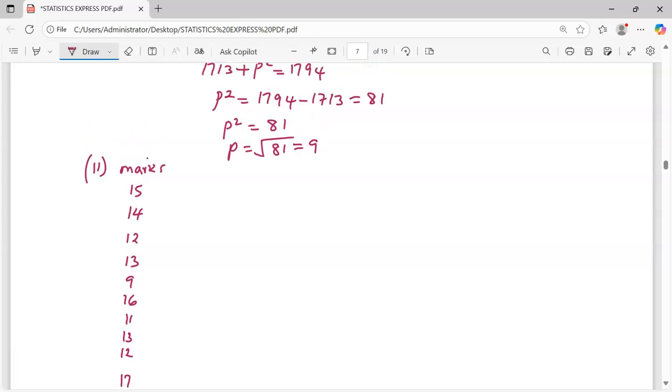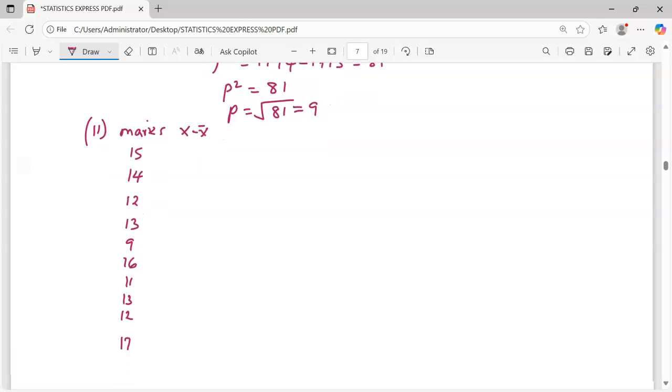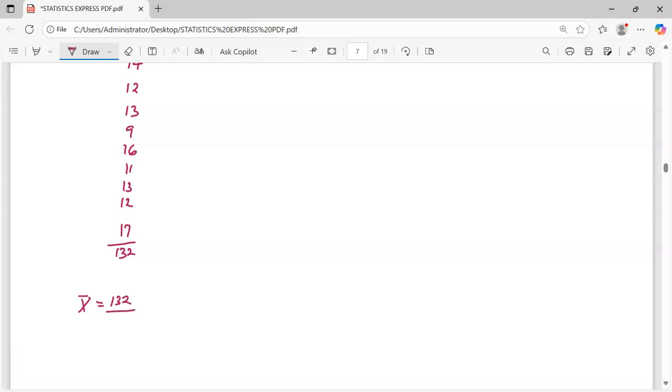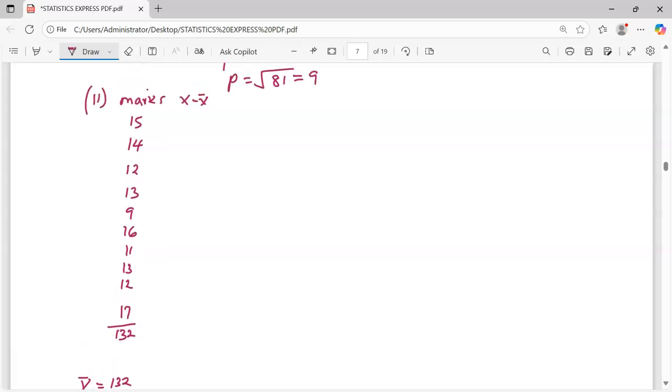After that, we are going to have x minus the mean of x. And now to get the mean of x, that is x bar, the total of the marks will be 132. And therefore, you take 132 divided by the number of items. That is 1, 2, 3, 4, 5, 6, 7, 8, 9, 10.